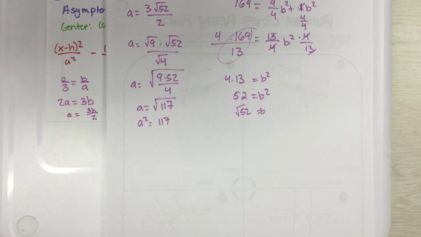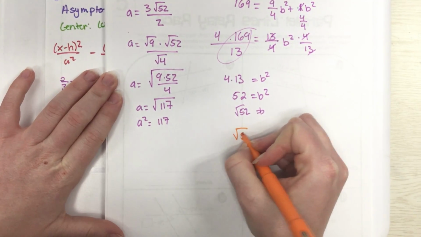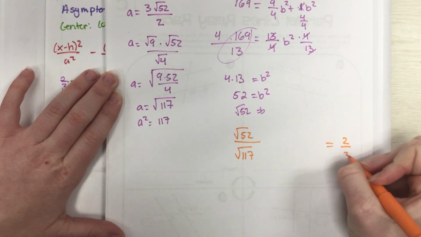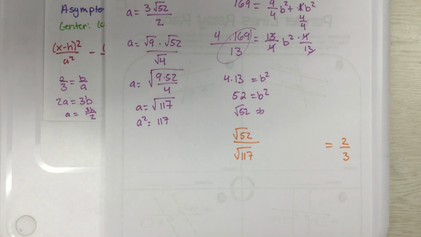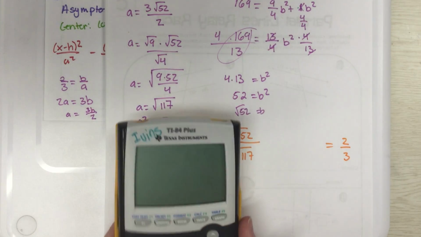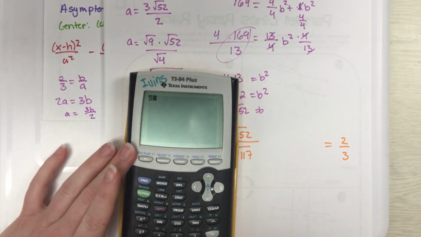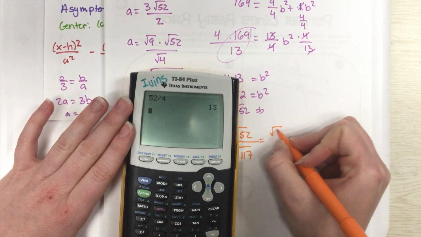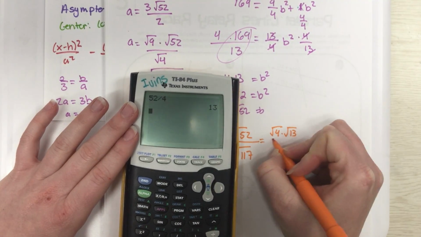So I'm gonna go ahead and show you how it actually works. So b, square root of 52 over a, square root of 117. I'm going to prove to you that is 2/3. And the way we're gonna do this is we are going to simplify our square roots. And so 52 I know is divisible by 4, 13 times. So this is gonna be the square root of 4 times the square root of 13.